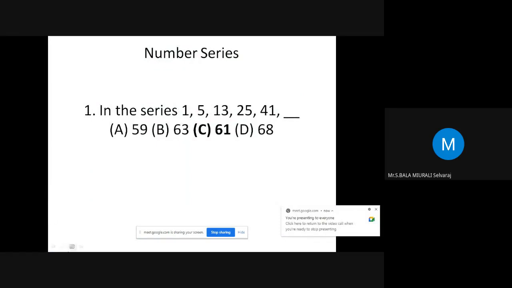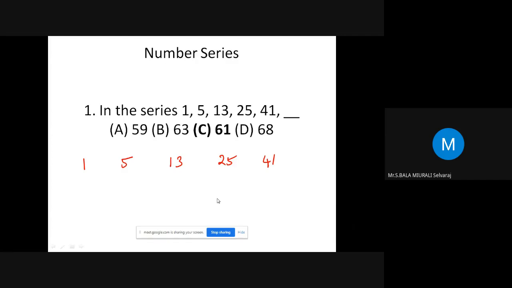So how to find out? Very simple. 1, 5, 13, 25, 41. Sir, I'm not able to see your PC. Ma'am, you need to pin my screen. Kindly check the chat box or the members area. I will be sharing two screens, one my audio, another my video. So kindly pin my video screen.